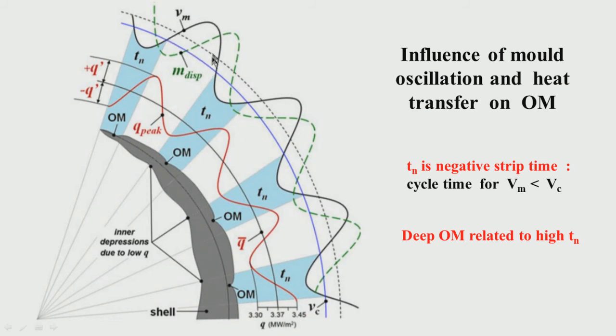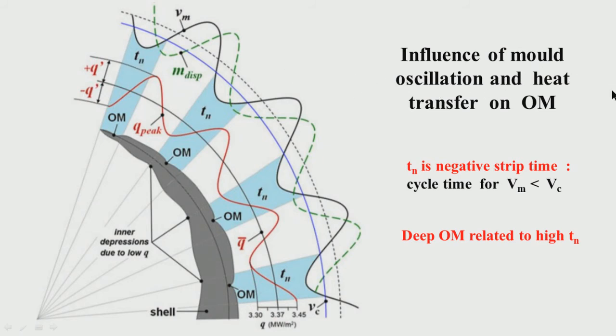That portion of the cycle is called the positive strip time, and when the velocity of the mold is relatively less than the casting speed, it is called the negative strip time. Less than means I am talking about the downward velocity.